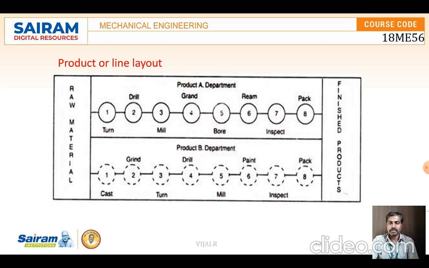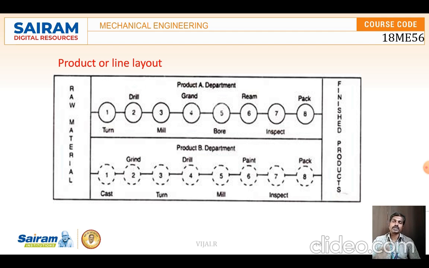In product B, first is casting. Casting goes to grinding, then turning, then drilling, milling, painting and inspection, then packing. That is the order in which the raw material is processed through these sequences, and finally it comes out as a product.